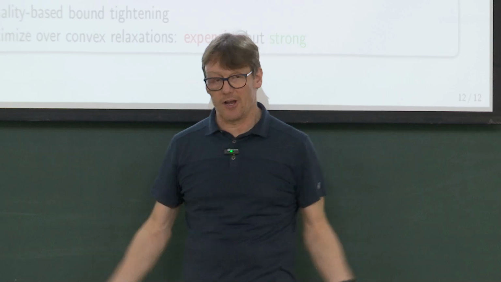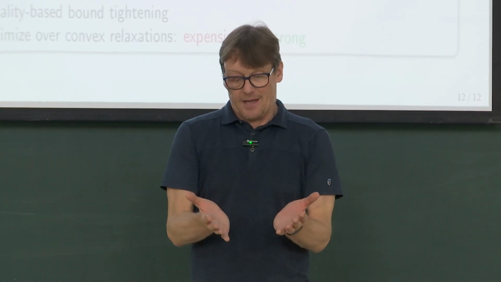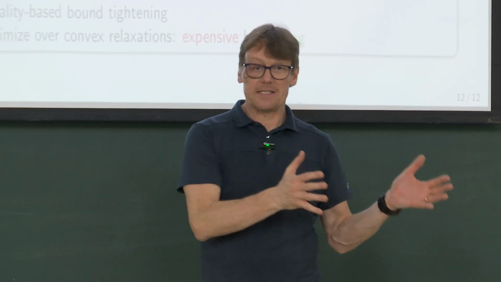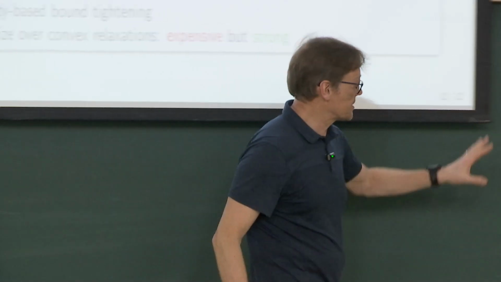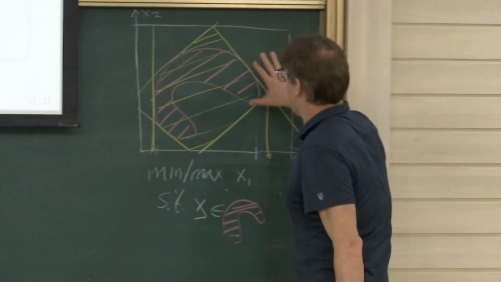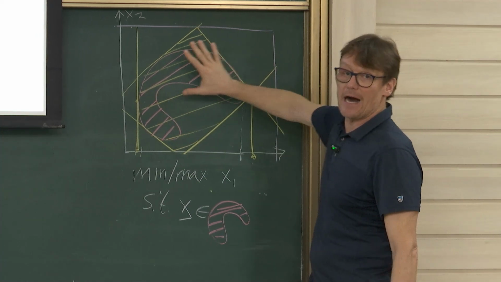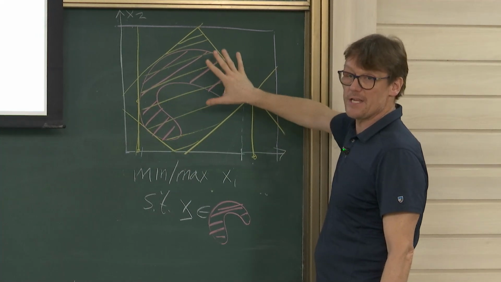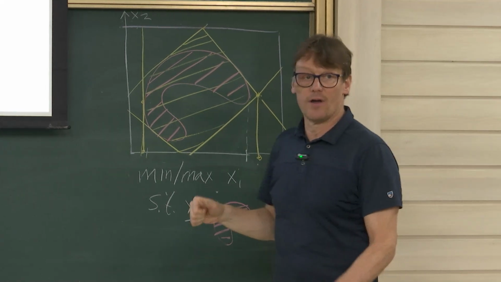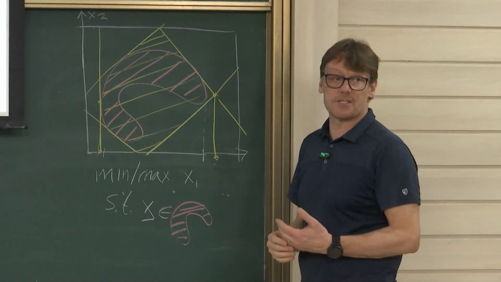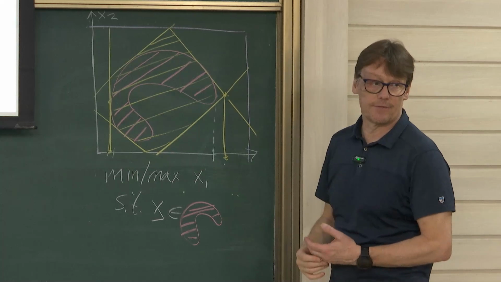So to wrap it all up, we discussed ways of starting with non-convex nonlinear functions and constructing these enclosing or outer approximation polyhedral sets or nonlinear sets. And we initially started doing this for just simple functions, just a couple of functions that we knew how to do it for.